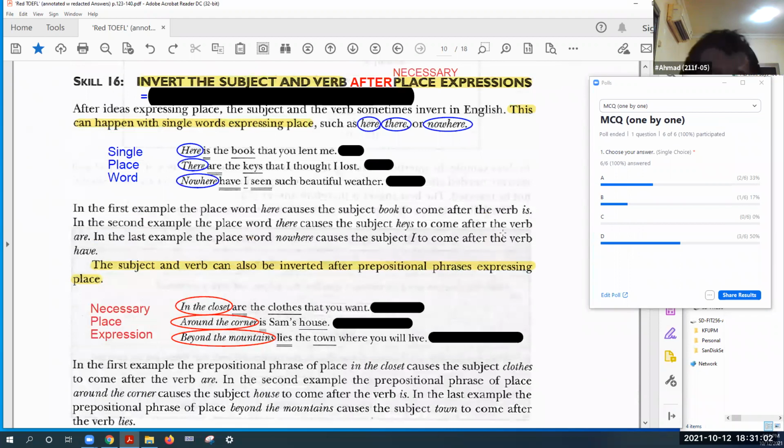If we cover here, can we put something after "lent me," for example an object, and that will make it a complete sentence or not? Imagine we delete "in the office" from "here is the book that you lent me in the office." Of course, yeah. So you're adding more information to complete this idea.